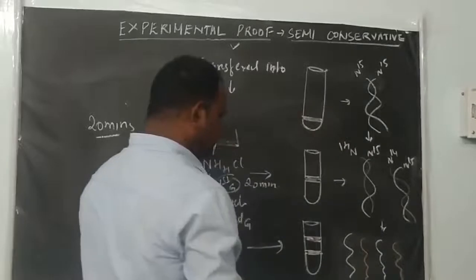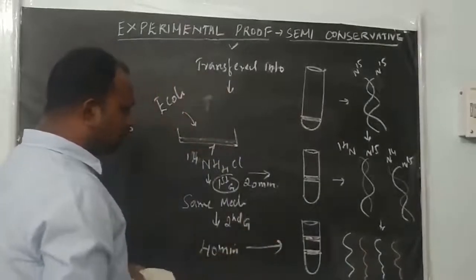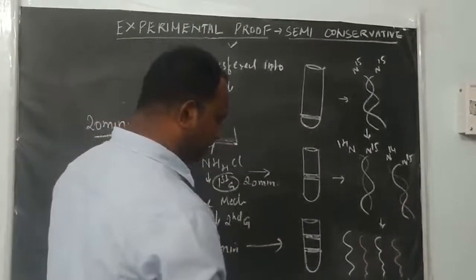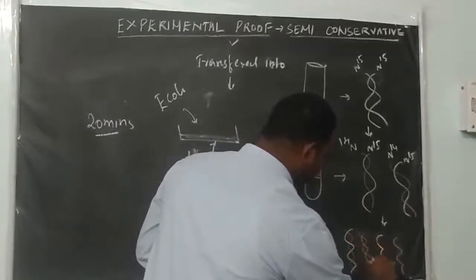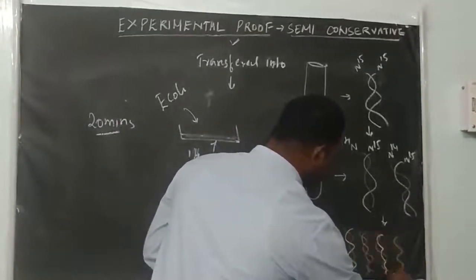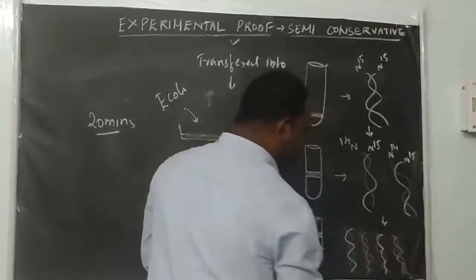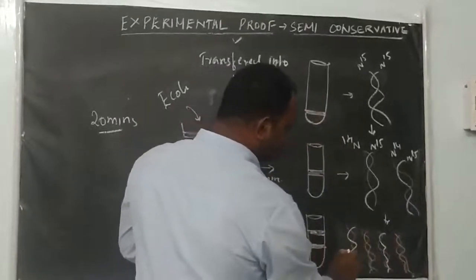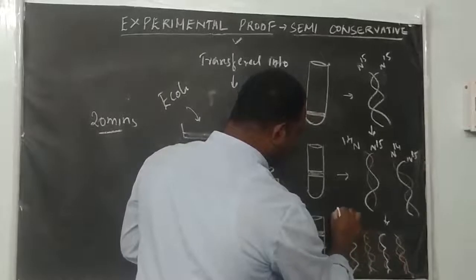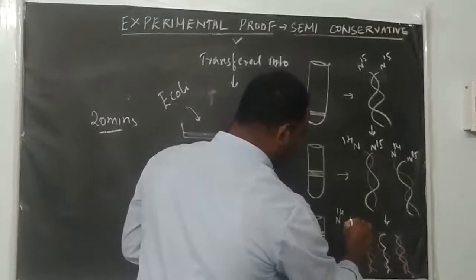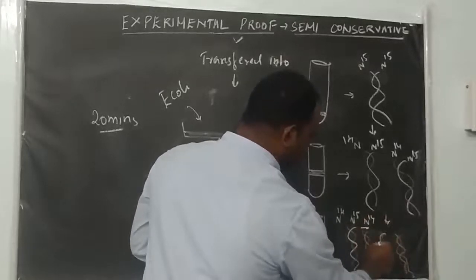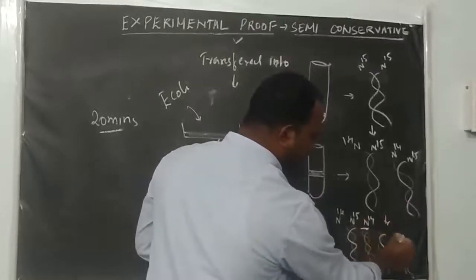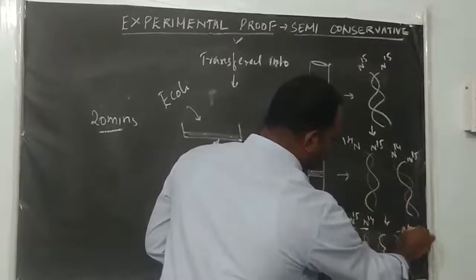For the newly synthesized strand, what media will they use? Only N14, right? You see, out of 4 molecules, in 2 molecules one strand is N14 and another one is N15, but in the other 2 both are N14.